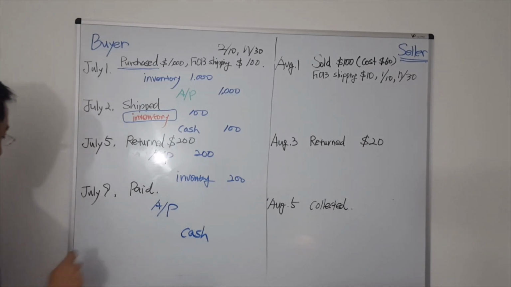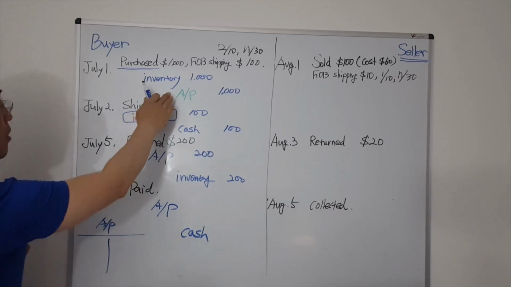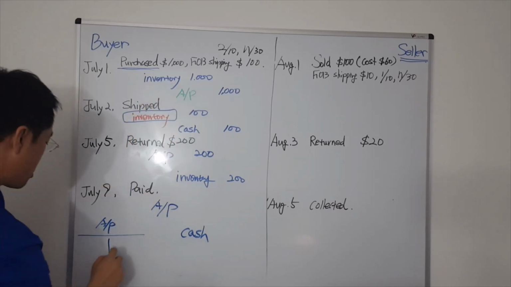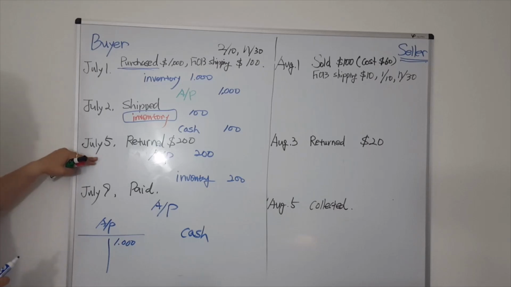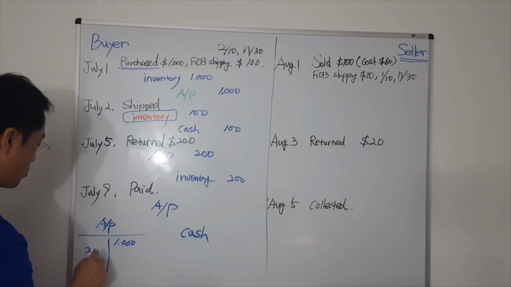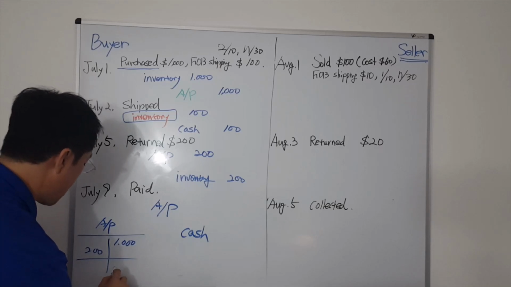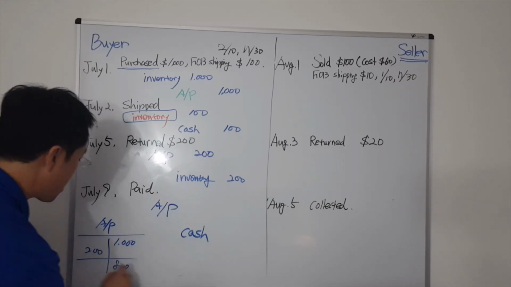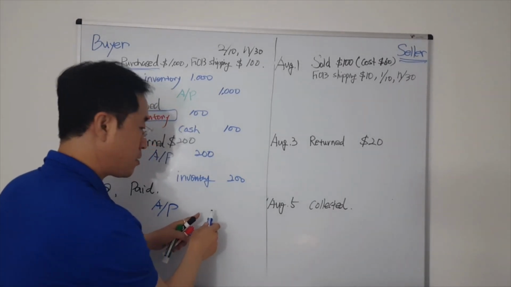Accounts payable: when we purchased, liability $1,000. We returned, decrease $200. So the balance I'm supposed to pay is $800.